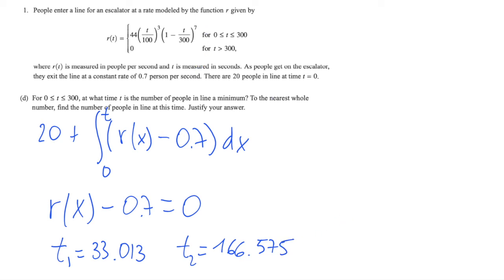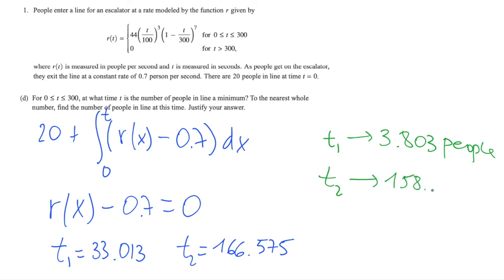Once we have the times, we just need to find the number of people. At time 1, at 33 seconds, if we substitute the 33 seconds in the formula, we'll see that we get 3.803 people. And if we substitute t2, we'll see that we get 158.070 people.